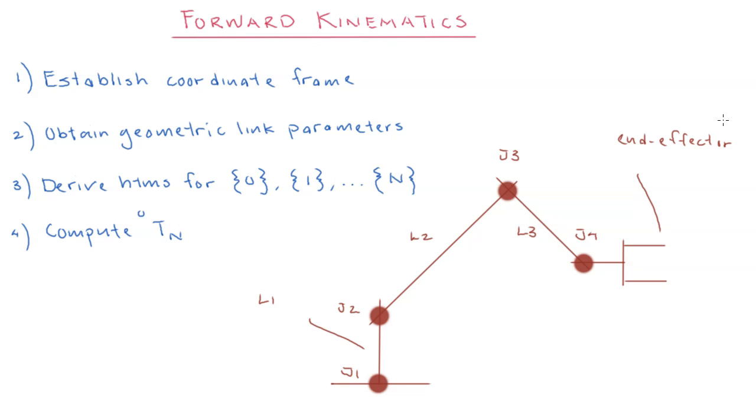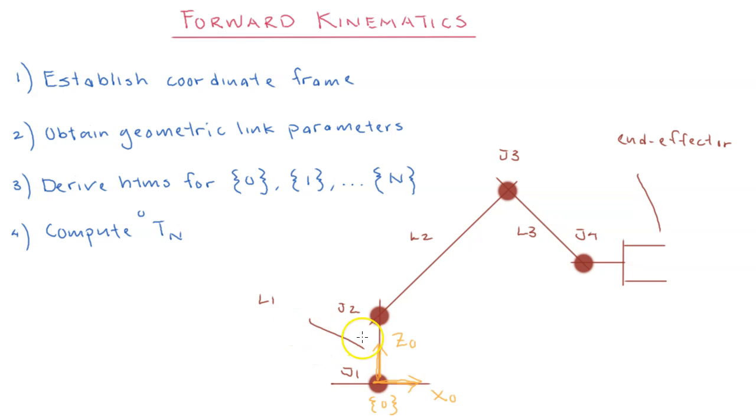First of all, we have to establish a coordinate frame fixed on the base. So this is coordinate frame 0, and this will be, let's say, x0 and z0. This coordinate frame is also known as the inertial coordinate frame for the robot arm. It will remain stationary for the whole operation.